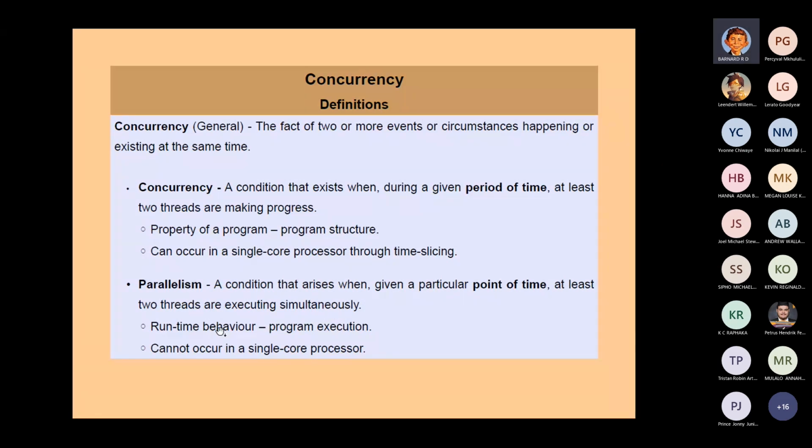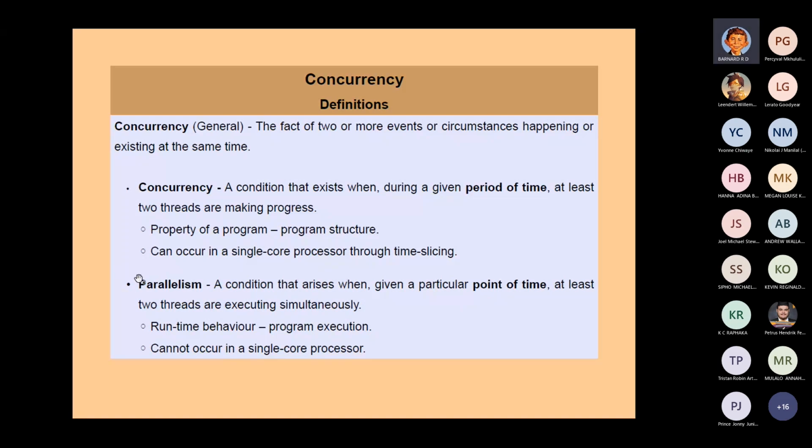And this is a runtime behavior as opposed to a structure element as for concurrency. And it affects program execution. And you can't have parallelism in a single core processor. For parallelism, you've got to have multi-core processors so that you can have multiple processes running at the same point of time. So that's just the distinction between concurrency and parallelism.